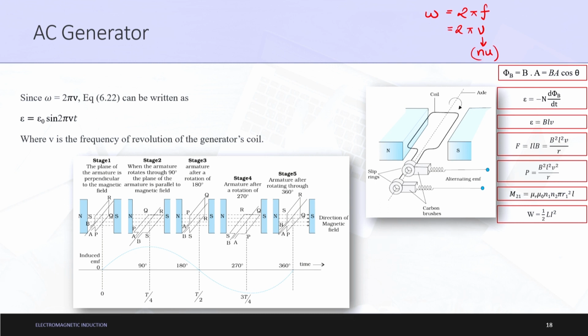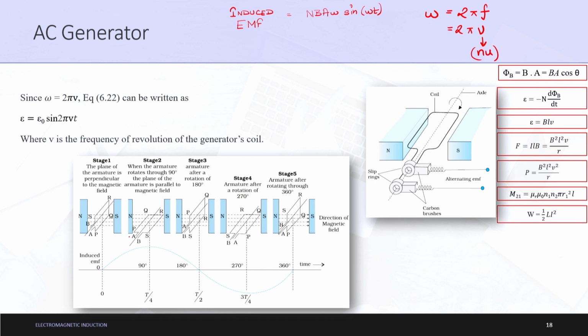The downward graph shows the induced EMF value. Induced EMF is N B A omega sin omega t.